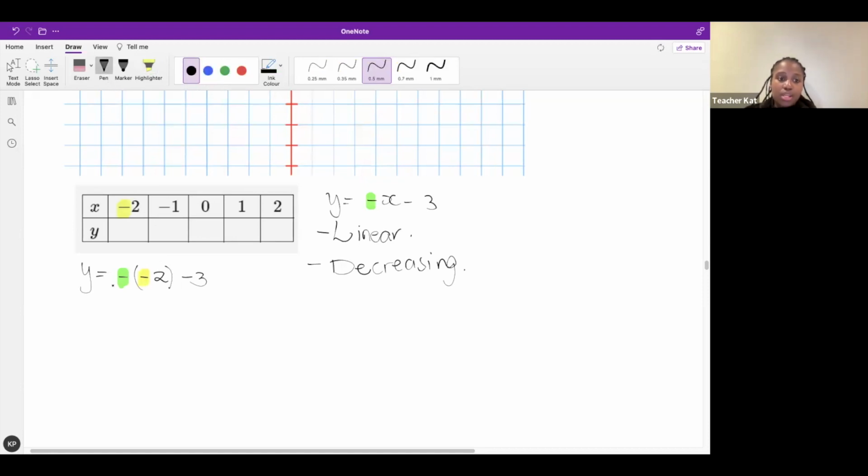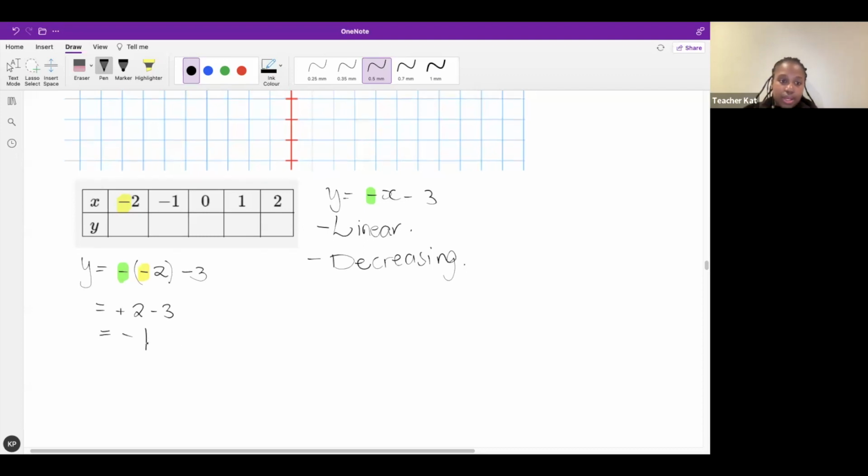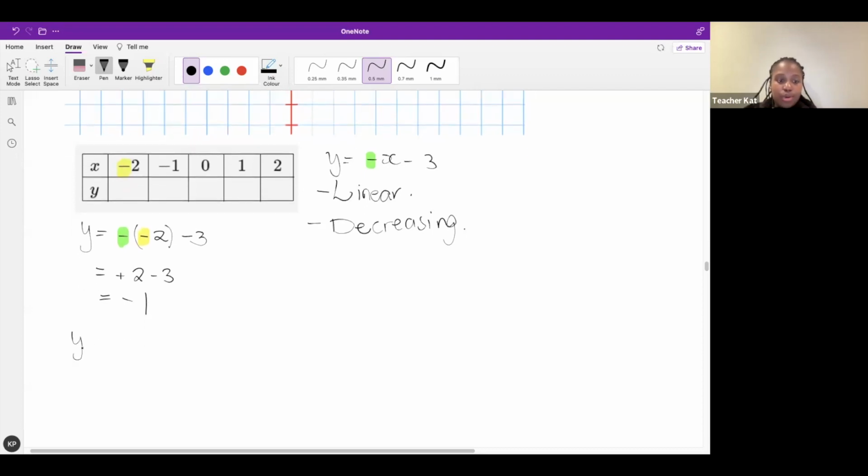And what are those two negatives going to do? They're going to become a positive. So this is actually going to become positive 2 minus 3. And what is positive 2 minus 3? Negative 1. Nice. Okay, next one is also a negative point.